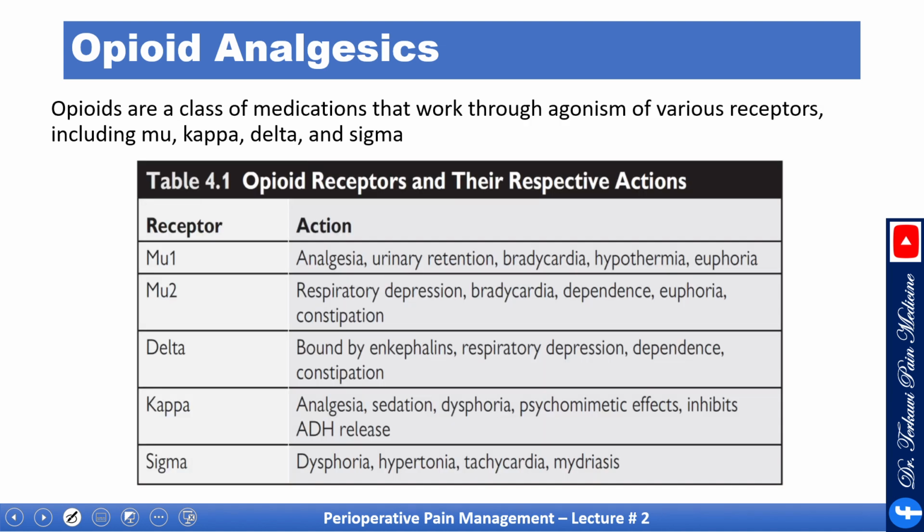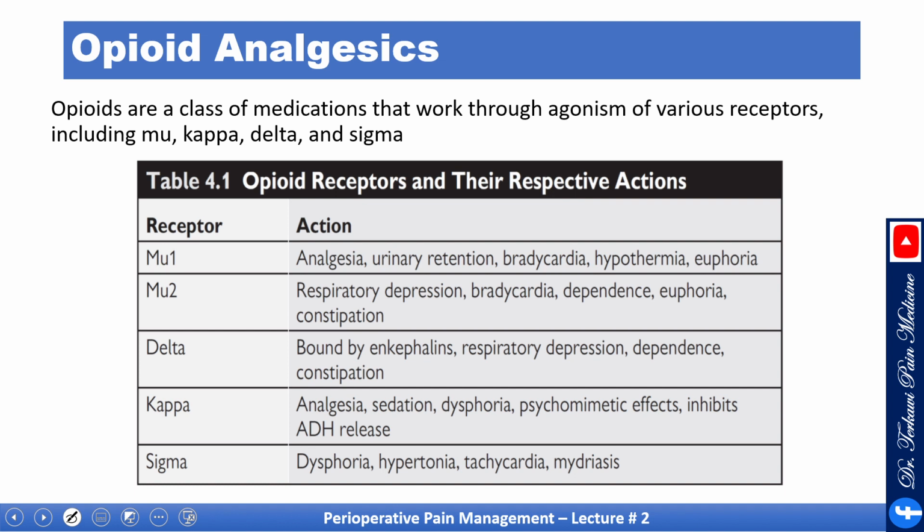Now, opioids are a class of medication that work through agonism, and some of them antagonism, of various receptors, including mu, kappa, delta, and sigma. As you see, you have different opioid receptors here, and activating each one of them is believed to cause some changes. If you go over different books or references, there is really no consensus about this; you will see things differently sometimes.